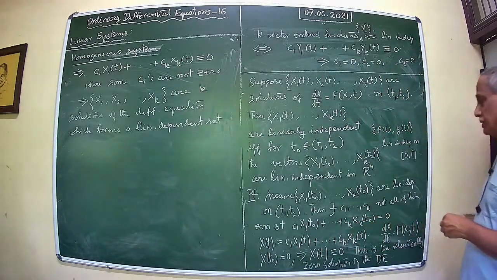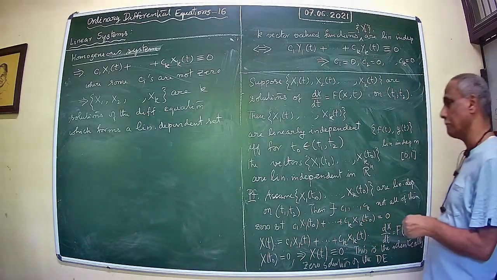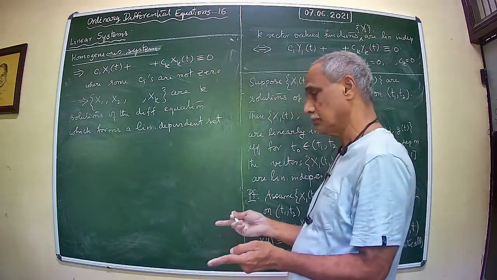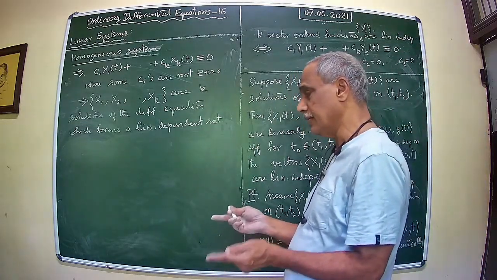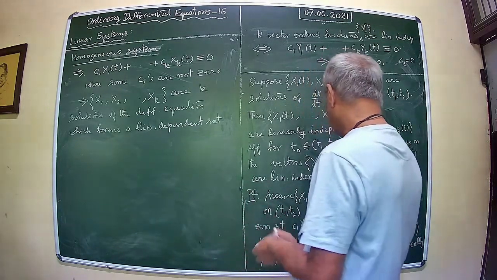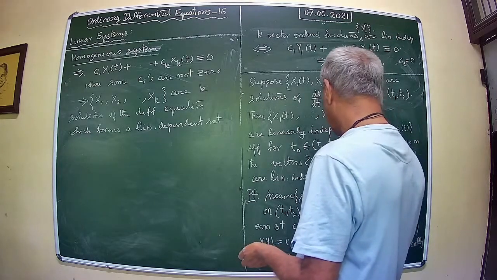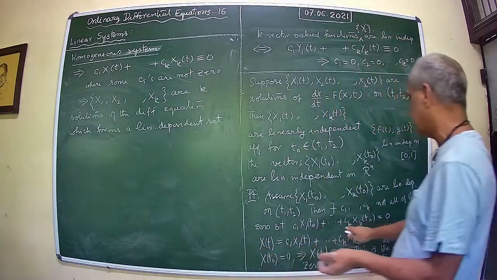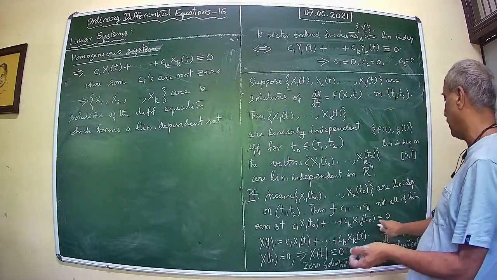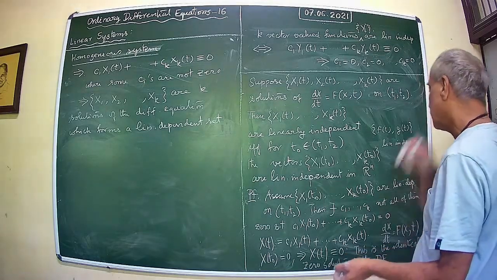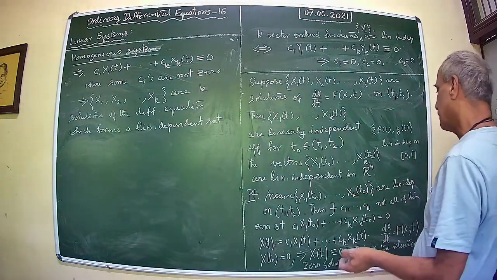And suppose initially the initial data is a linearly independent set, then what do you have? You have c1 x1 t0 plus c2 x2 t0 plus etc. plus ck xk t0 equal to 0 implies what?